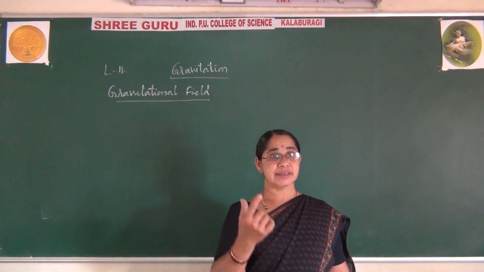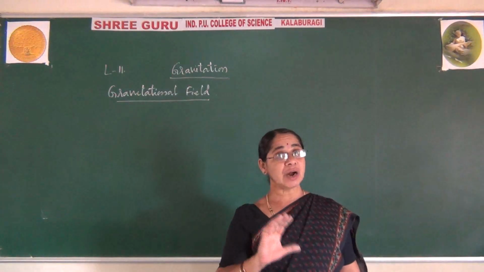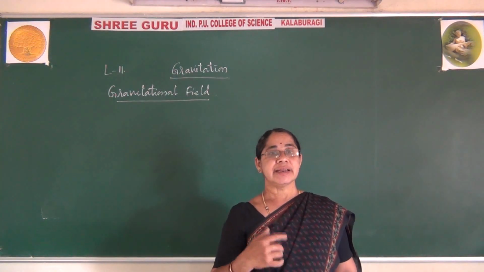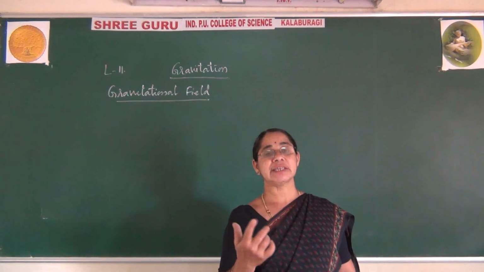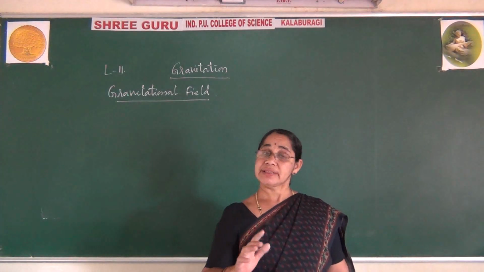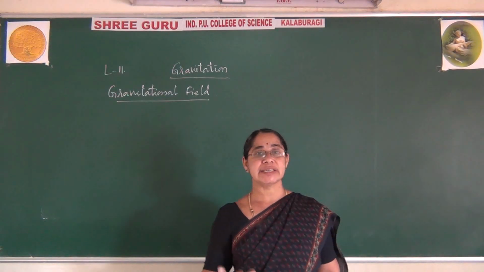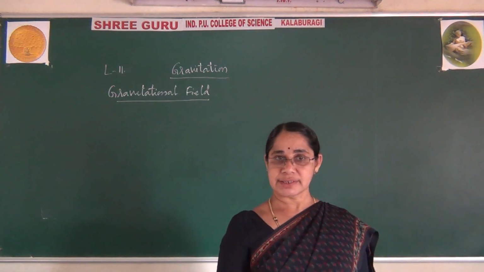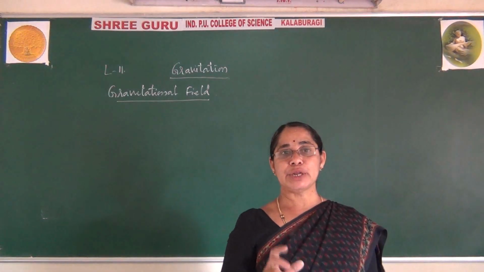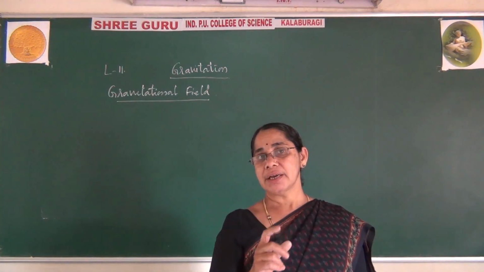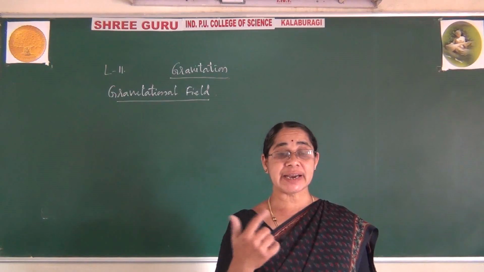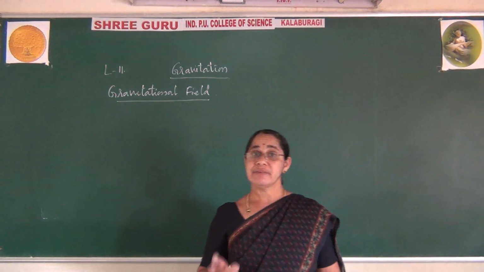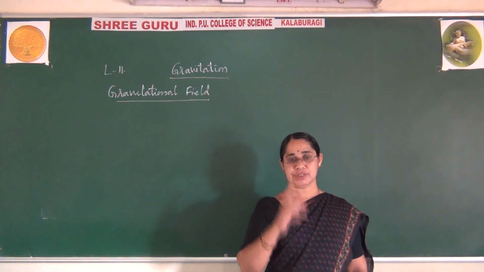Even the same way you can say earth and moon, there arises a gravitational force. But you will observe here, there is no contact between sun and earth, because in between there are millions of miles. Even then there arises a force.